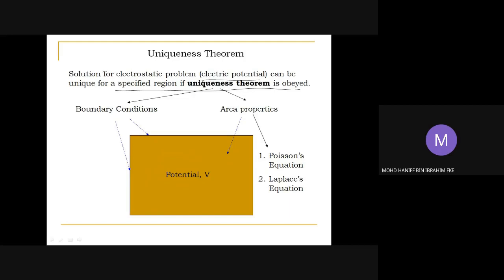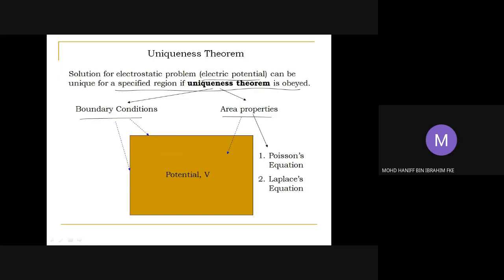This theorem is said to be obeyed if it has two pieces of information. The first is the boundary conditions. Secondly, the area properties, which, as I mentioned before, can be represented by either Poisson's or Laplace's equation.